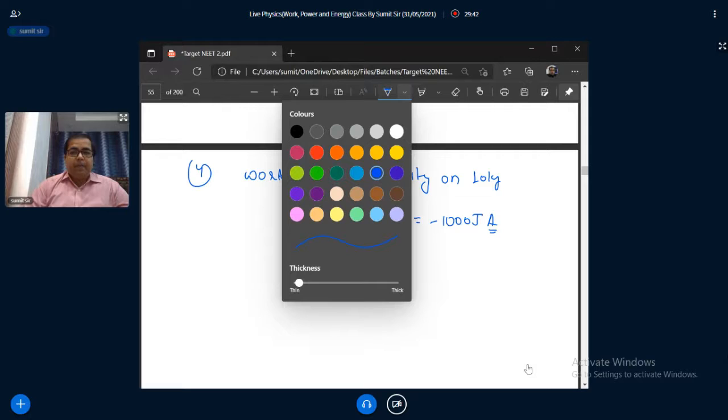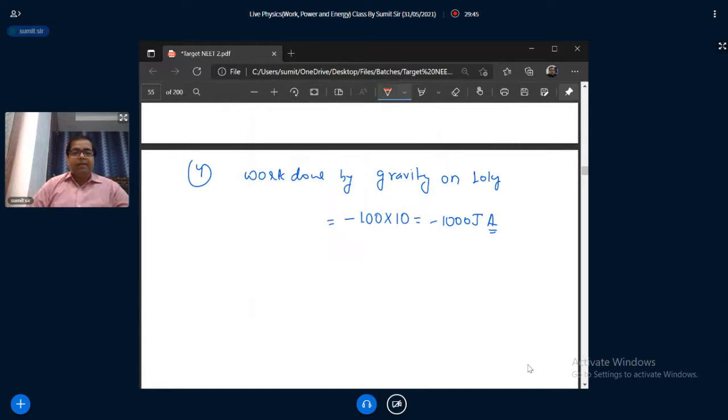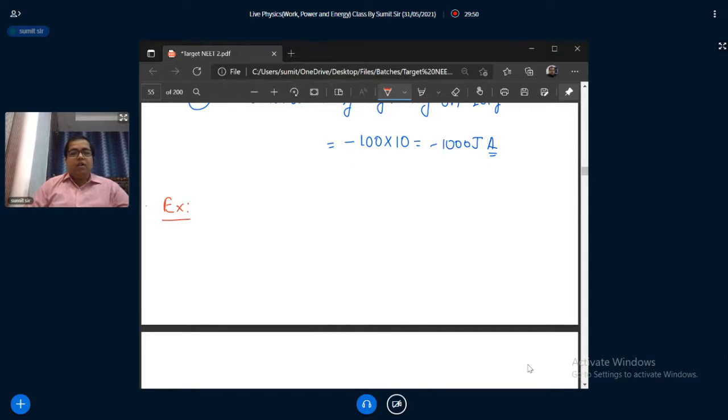Now we have another example. Suppose this is 10 kg, 5 kg. You have mu is equal to 0.5.